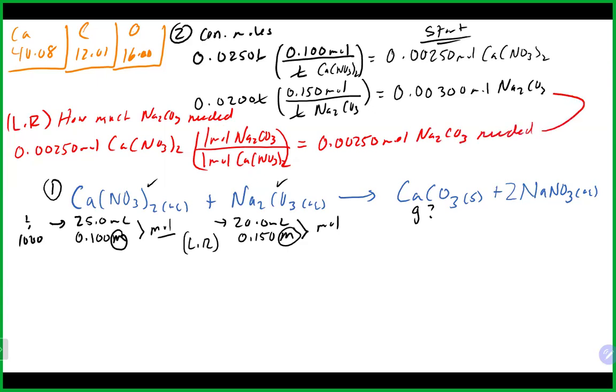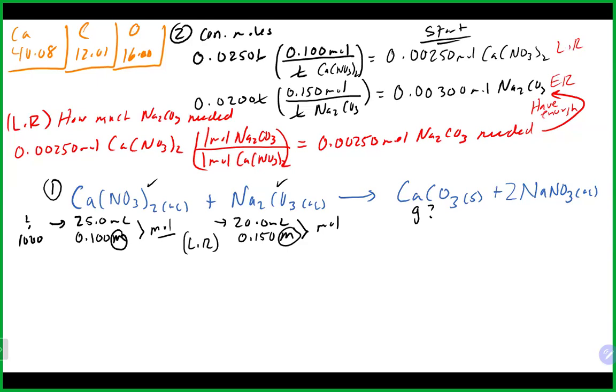Once again, I want to compare it to how much sodium carbonate I started with. Do I have enough sodium carbonate? I do have enough in this case. I only need 0.0025, and I have 0.003. That means that the sodium carbonate is the excess reagent.